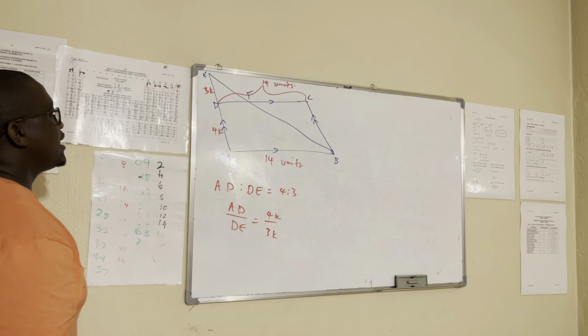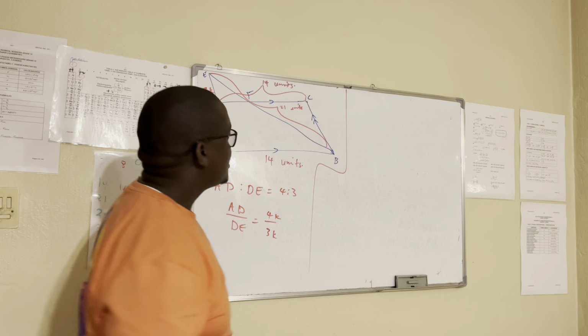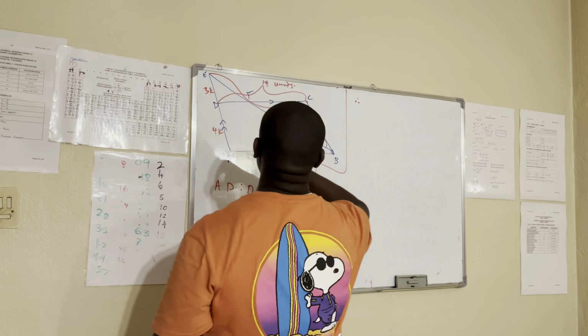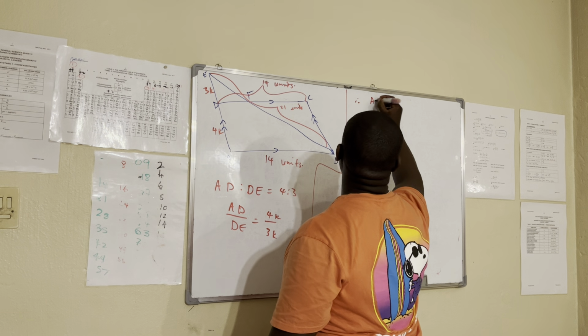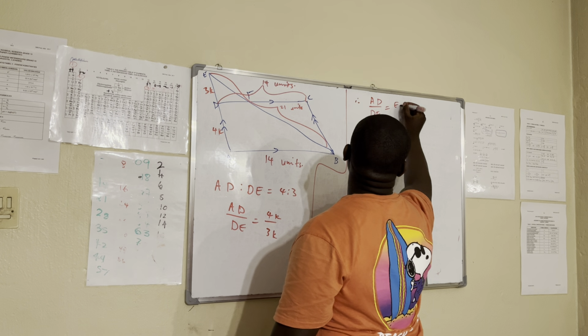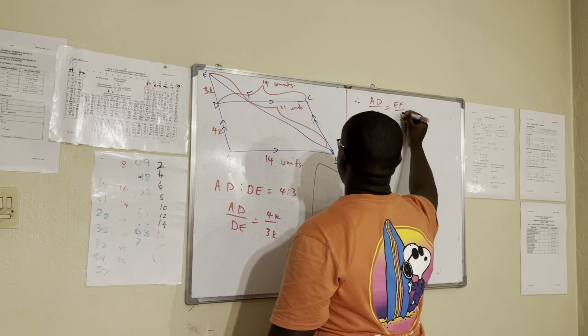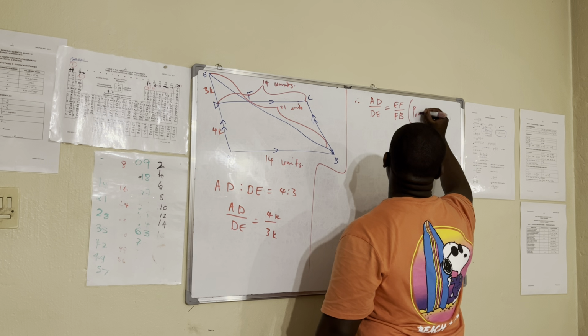What do we have? We have this line that is parallel to this line. Which theorem applies here? DF or DC is parallel to AB. The proportionality theorem. Therefore, you are going to say AD over DE is equal to EF over FB.